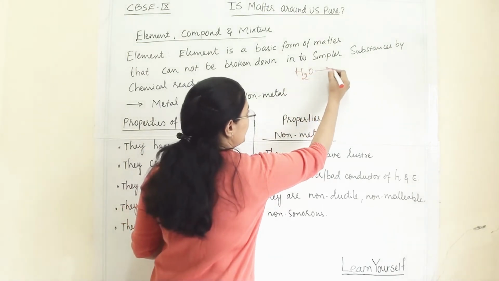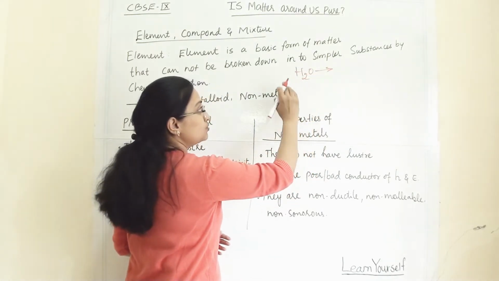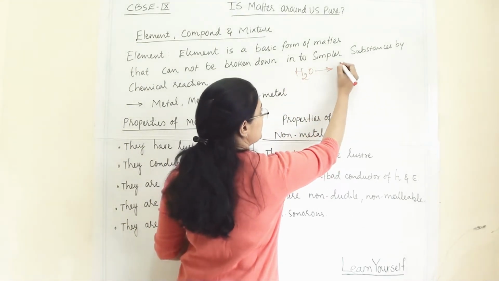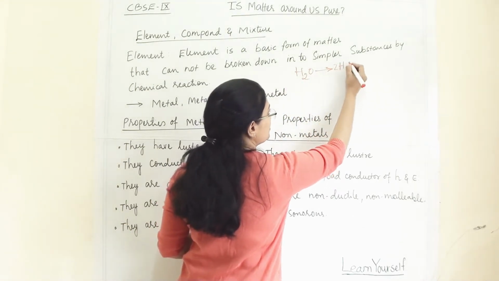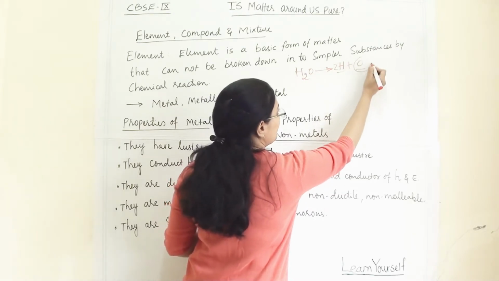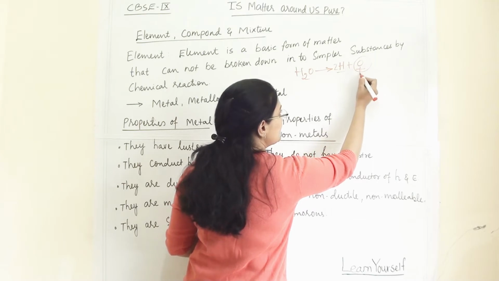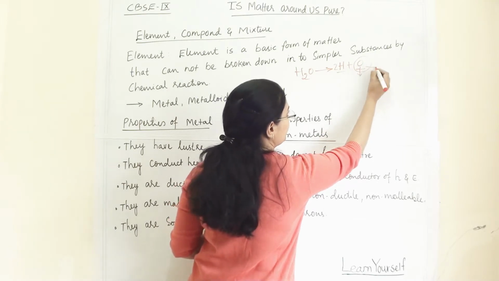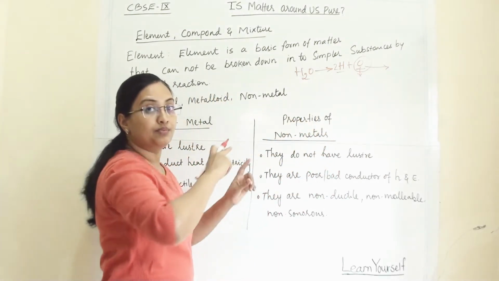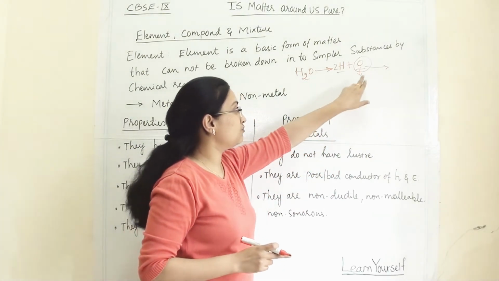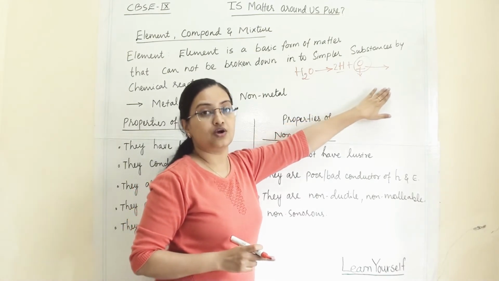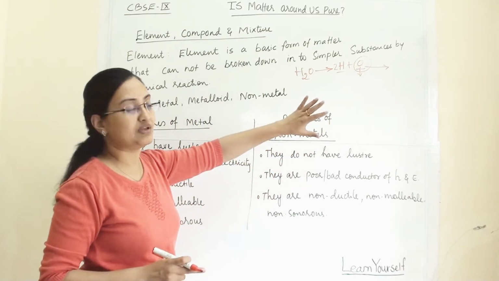If you decompose this into simpler substances, you will get 2 hydrogen atoms and 1 oxygen atom. Once you get the oxygen atom, this element, further decomposition or further breakdown is not possible once you reach the element level. Further you cannot break it through any chemical reaction.